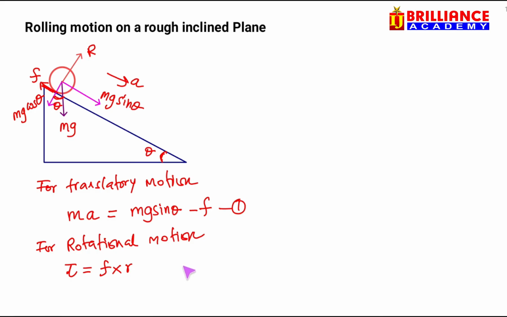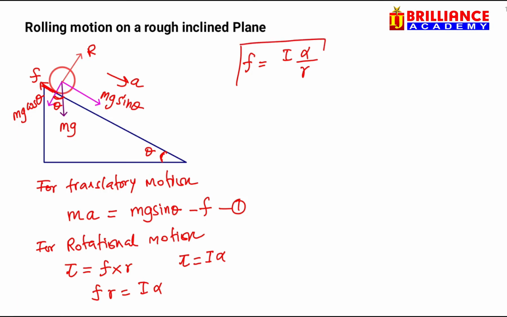And you also know another formula for torque in terms of moment of inertia, which is I alpha. I is the moment of inertia. Now we can equate these two, so we get f into r is equal to I into alpha. From this we can write a formula for f, which is I alpha by small r.